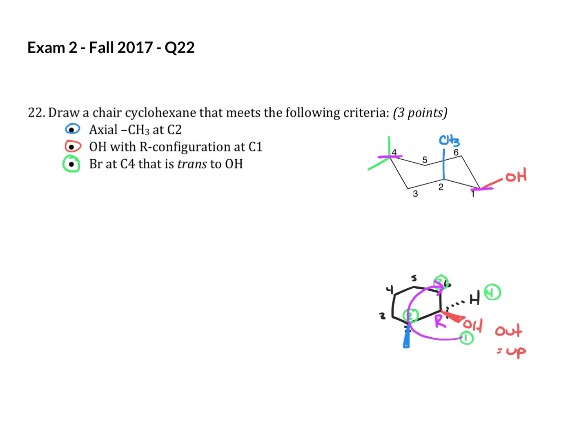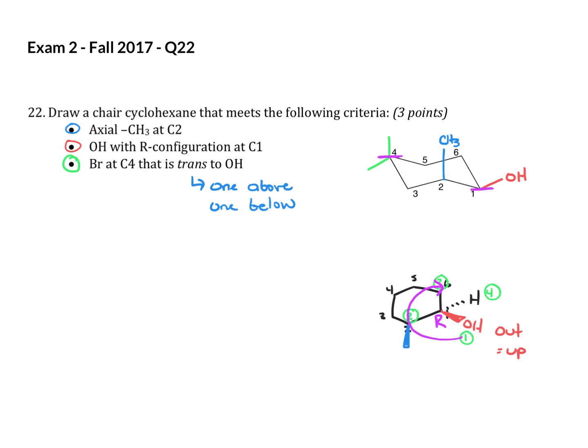And let's look at 1 and 4. On carbon 1, the OH is above the plane. And then at carbon 4, if we want a Br that's trans, that means we want one above and one below the plane of the ring.